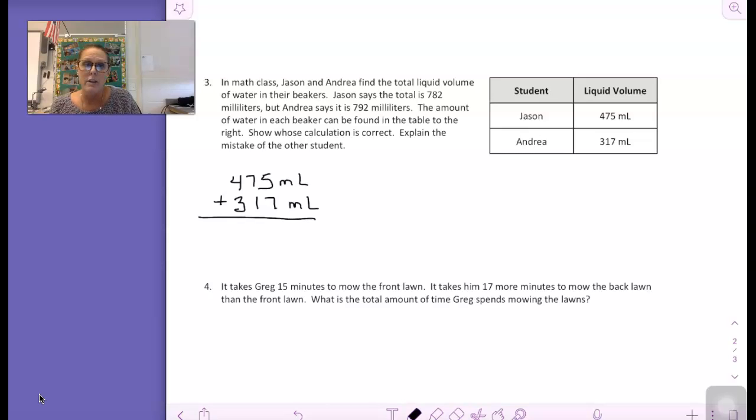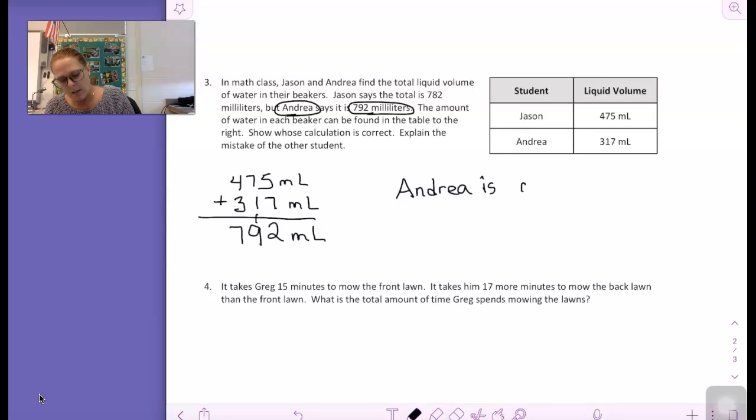And I'm going to use the standard algorithm. 5 ones plus 7 ones is 12. 70 plus 10 is 90. And 400 plus 300 is 700. And we have 792 milliliters, which is right here. So Andrea is correct.